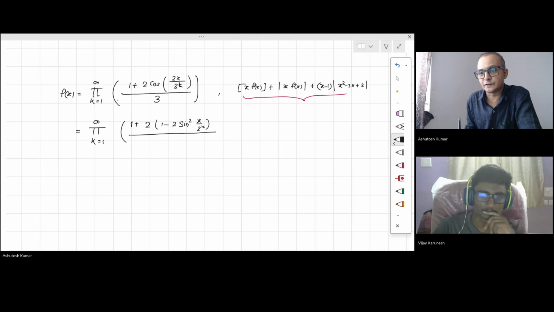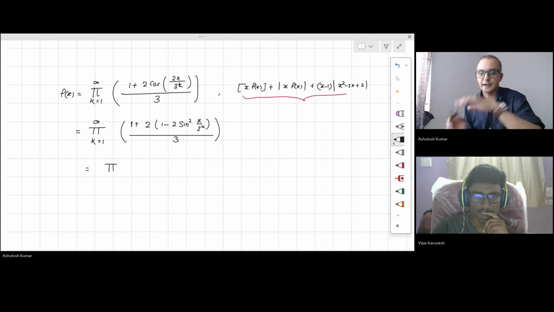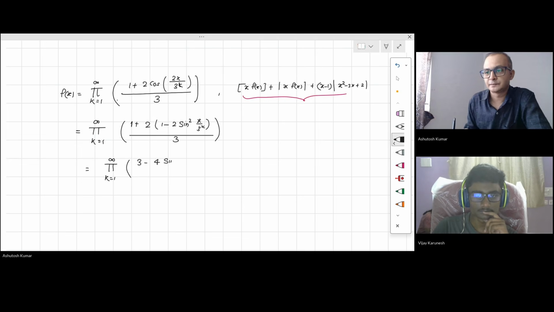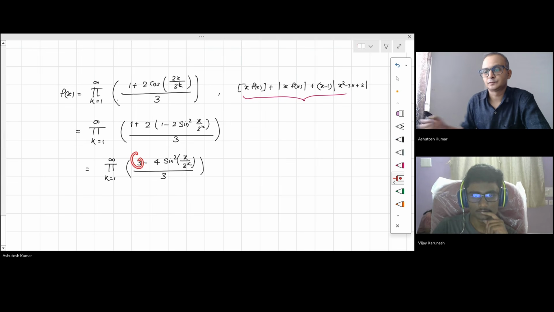And this is divided by 3. You notice what will happen, that k goes from 1 to infinity. There's 3 minus 4 sine squared (x by 3 to the power k), correct? Yes, sir. And this is actually inviting us to use the identity of sine 3 theta, if you just think it correctly.